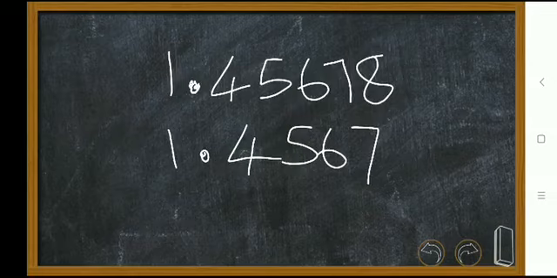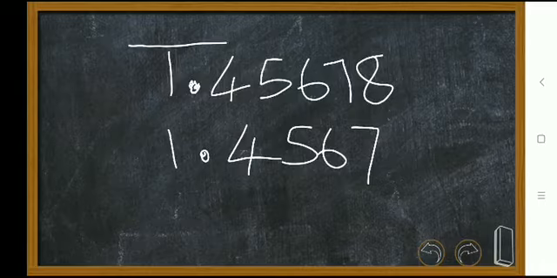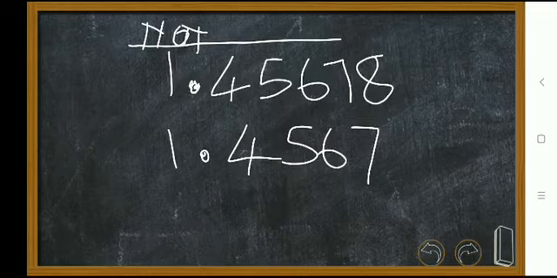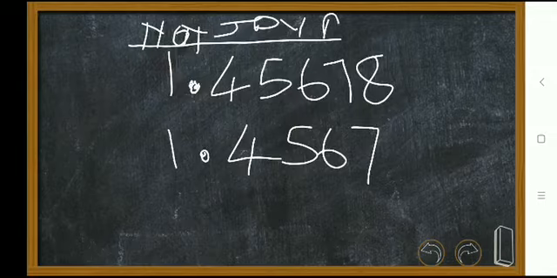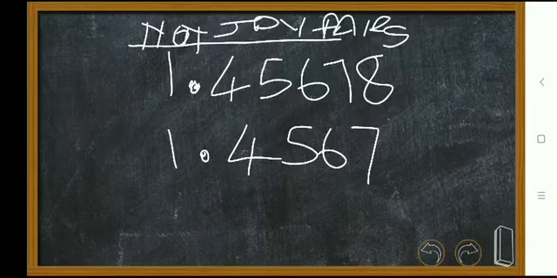This is for pairs which don't have JPY in them. This is for non-JPY pairs. This is how you find their price. You'll find that it's quoted to either 5 or 4.